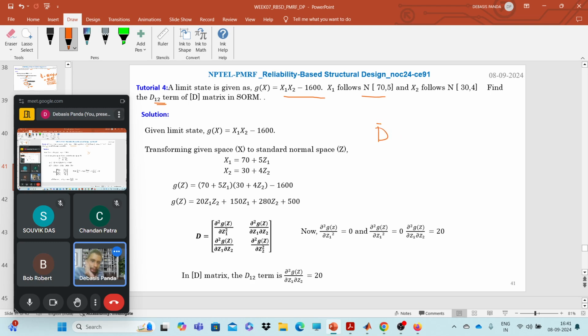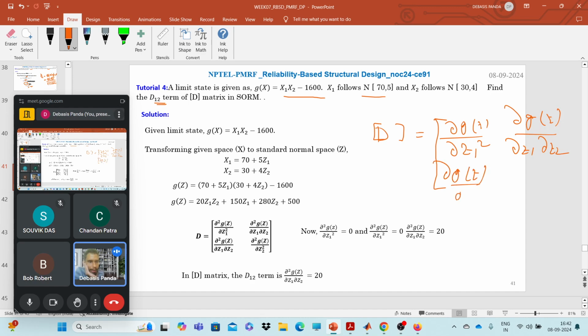The D matrix contains the second derivative terms of the limit state function in the standard normal space: del square g by del z1 square, del square g by del z1 del z2, and del square g by del z2 square.